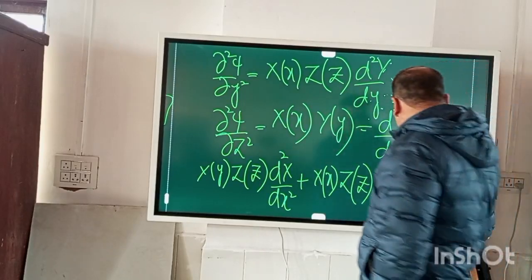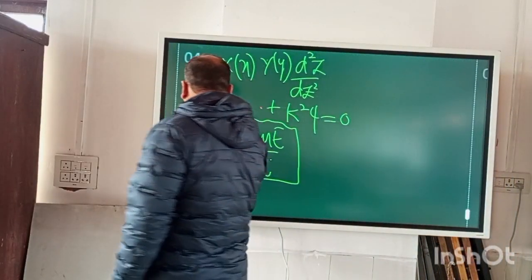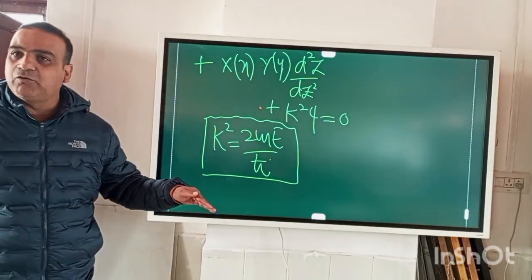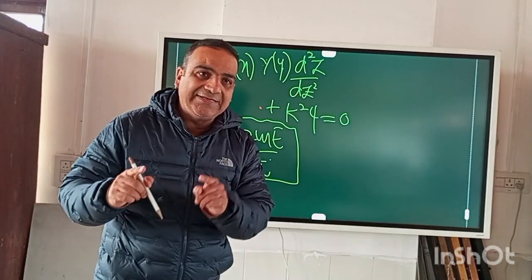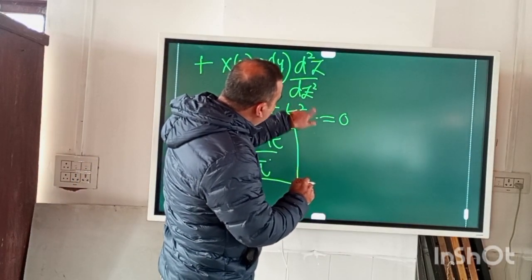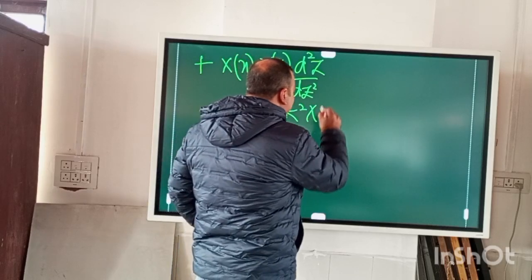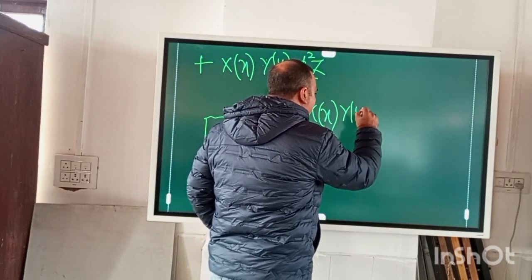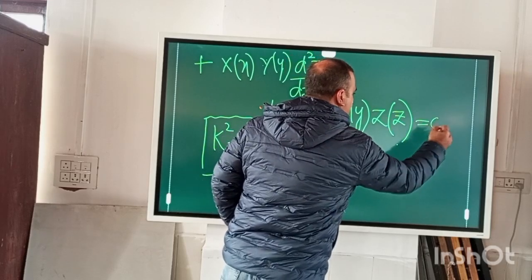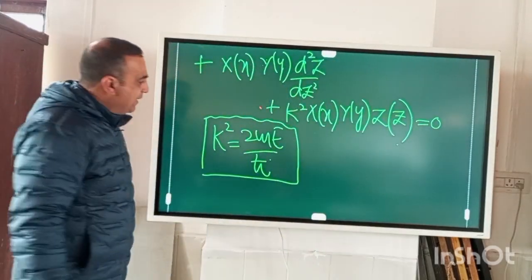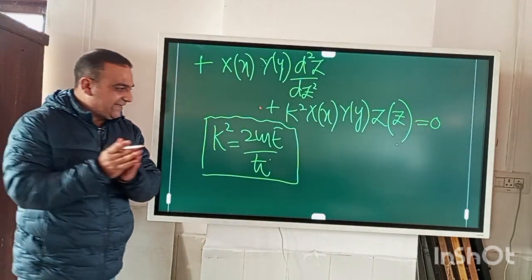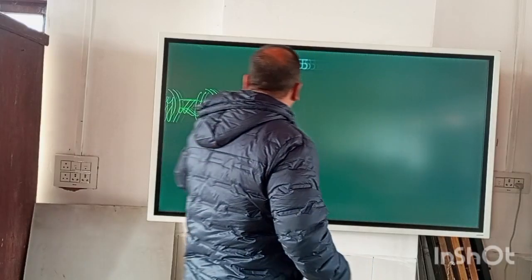So this is our equation, and in this equation, what I will do is I will divide both sides of this equation by X, Y, and Z. Okay? So here, instead of ψ, what should I write here? Come on. This is X(x) Y(y) Z(z) equal to 0. This is how it goes on. So now I will divide both sides by X, Y, and Z. So what you will get, can you tell me?